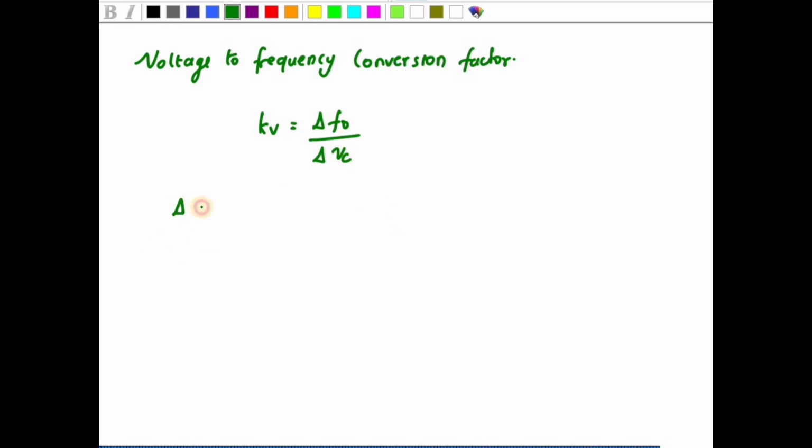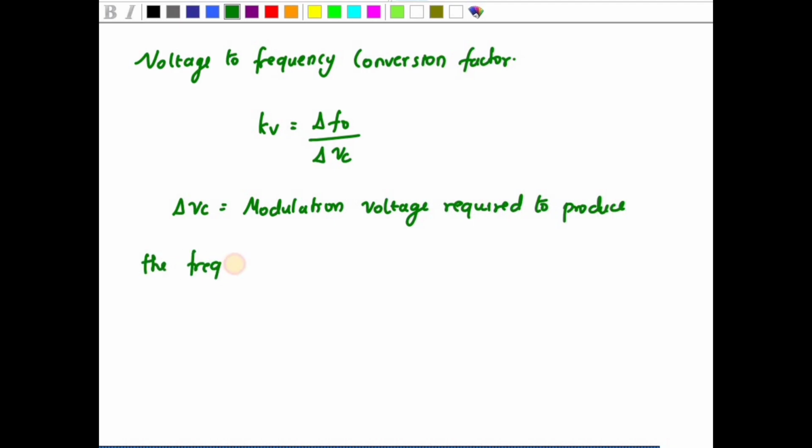So this del VC is the modulation voltage required to produce the frequency shift del F naught.